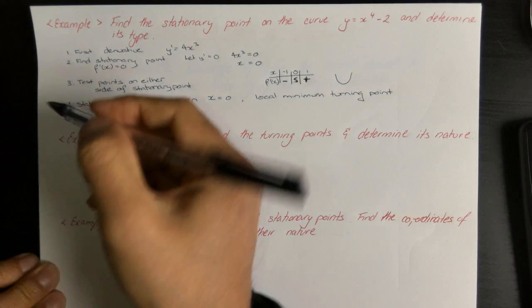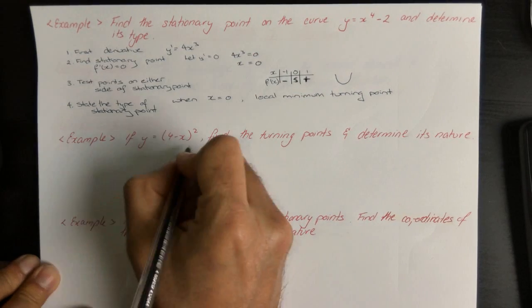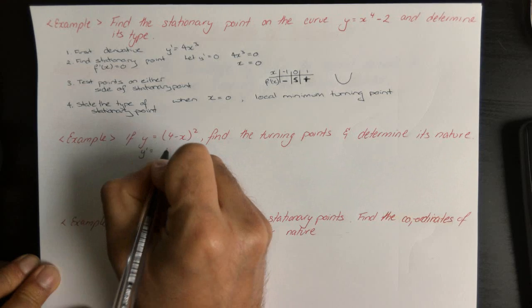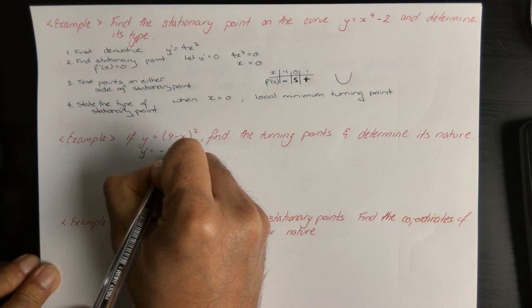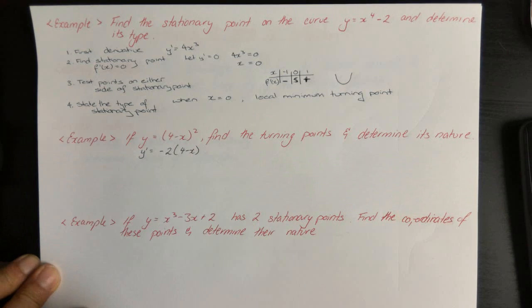We're going to follow the same steps for this example. The first derivative of this would be negative 2 times 4 minus x to the power of 1.